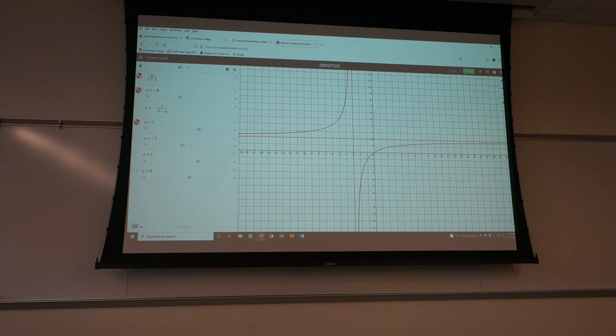That's at -3, it looks like, and y equals 2. X is -3 and y is 2. I'll zoom that one in a little bit.